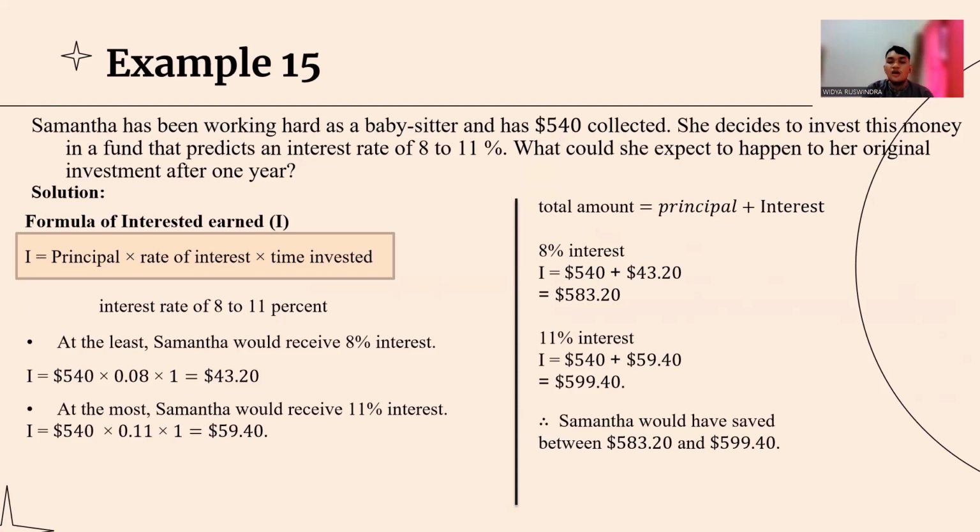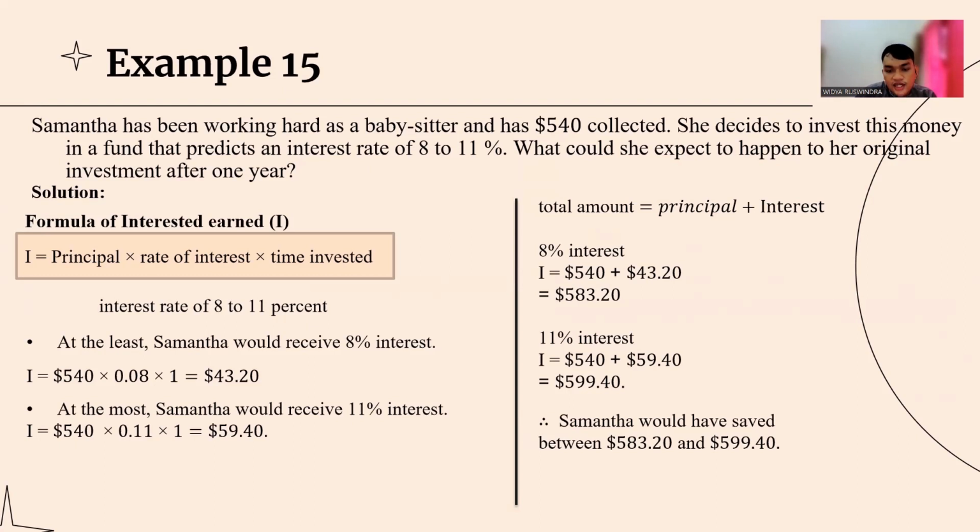And next is the total amount. Total amount equals principal plus interest. And with 8% interest, the total equals $540 plus $43.20 equals $583.20.